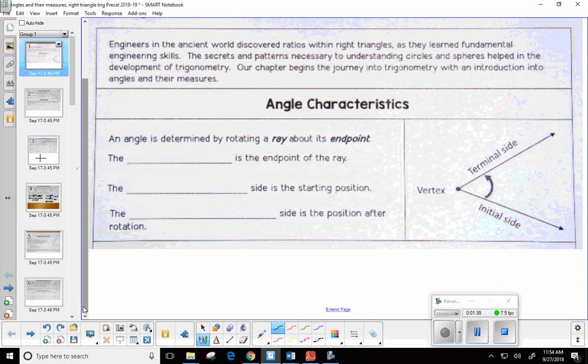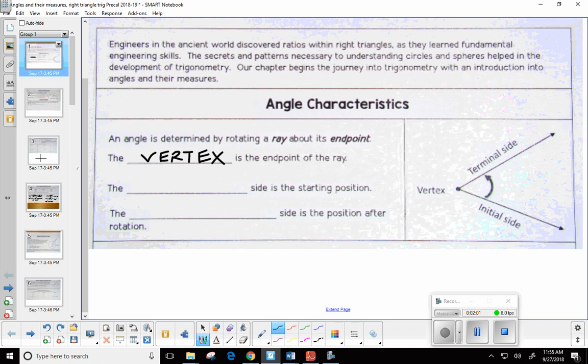This is the core idea. An angle is determined by rotating a ray about its endpoint. We remember from geometry that a ray is just a line segment that goes forever in one direction. Now, the blank is the endpoint of the ray. Well, that would be the vertex. The vertex is the endpoint of the ray.